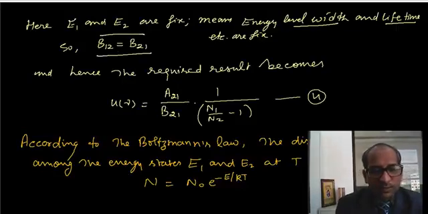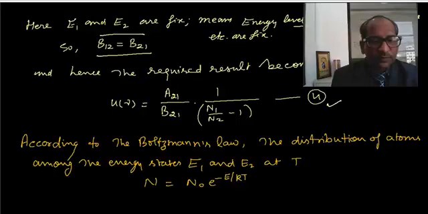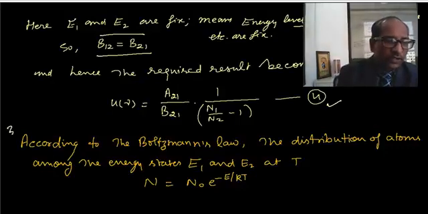The meaning of taking these two different coefficients as equal is that the characteristics of these energy levels remain the same. When we put B12 equal to B21 in the last equation, the ratio becomes 1, and we observe only one term, that is N1 upon N2. So this is equation number 4. Next, this is the third step.